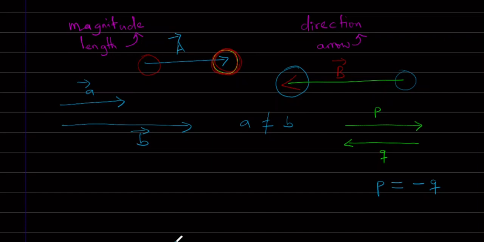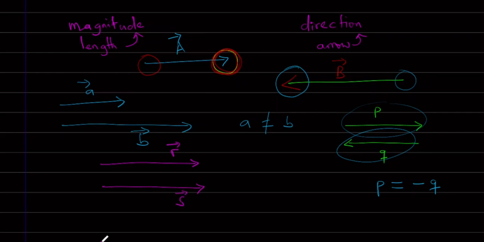Now, how can we say that two or more vectors are equal? We have looked at a situation whereby they are moving in the same direction but having different magnitudes. We have looked at when they are traveling in different directions but they have the same magnitude. So what if we consider these two vectors, vector R and vector S?